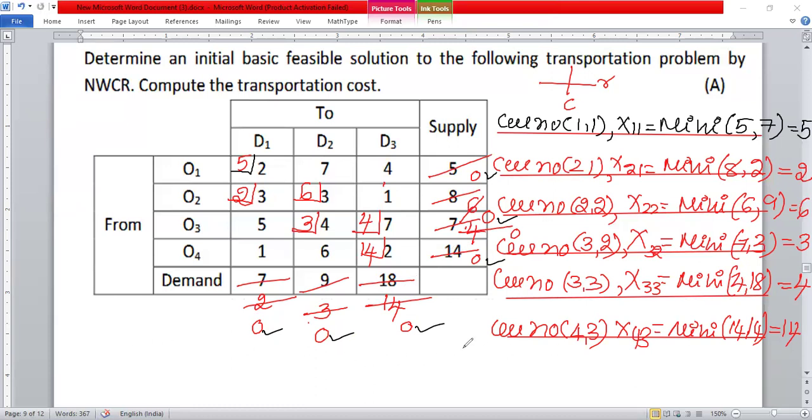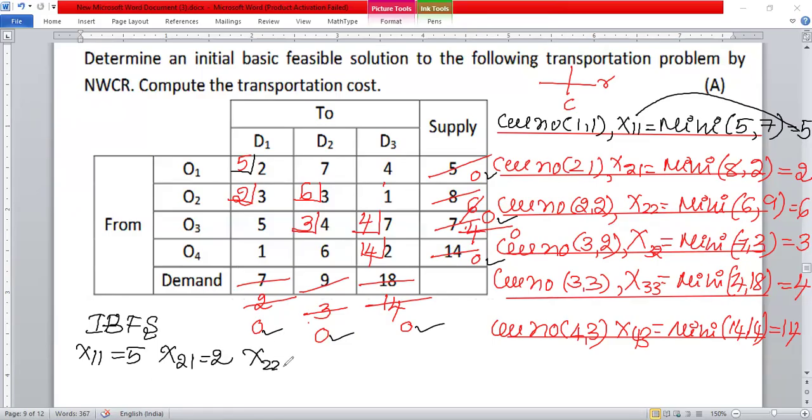After that, we are going to write the IBFS, initial basic feasible solution. How are we going to write it? This way. X11 is equal to 5. X21 is equal to 2.